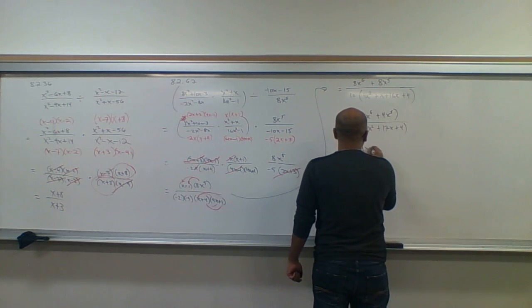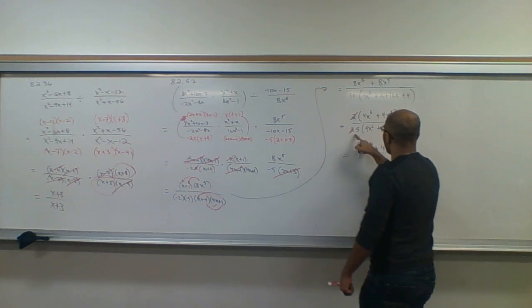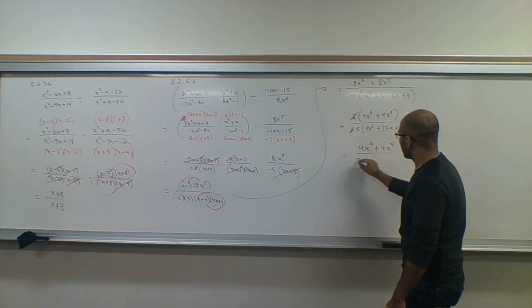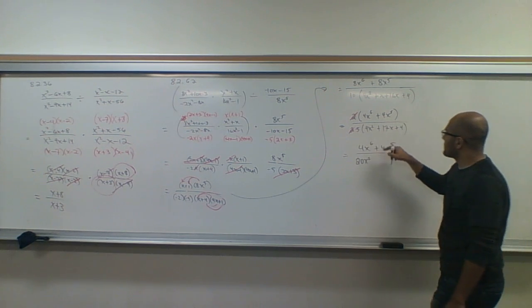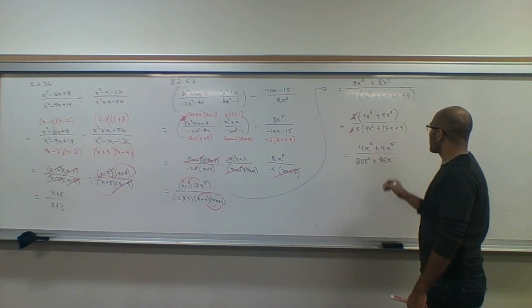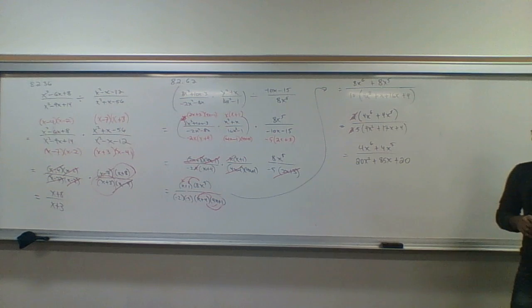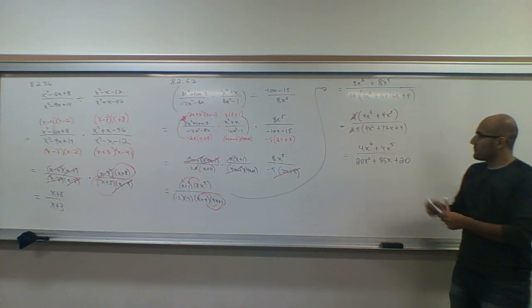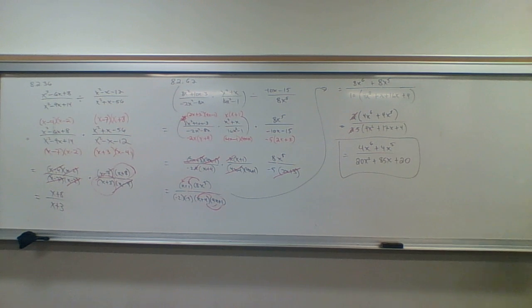My final answer is 4x to the 6th plus 4x to the 5th divided by 20x squared. And then 17 times 5 is 85? x plus 20. That's our final answer. Any questions?